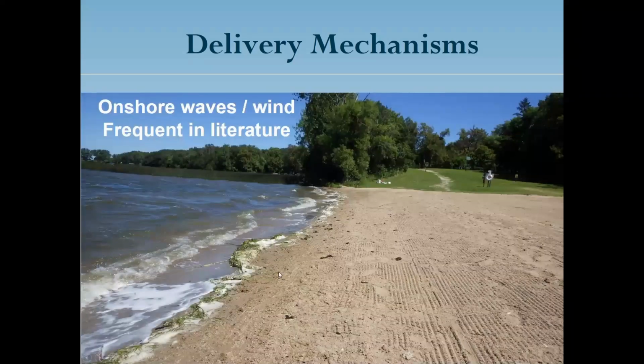Something that folks don't often think about is that there are other mechanisms in which you can get this material into your swimming zone environment. Because this area in tight proximity to the shoreline contains pretty large amounts of bacteria, even the wind and waves coming onshore can re-entrain that material and bring it into that swimming zone environment.